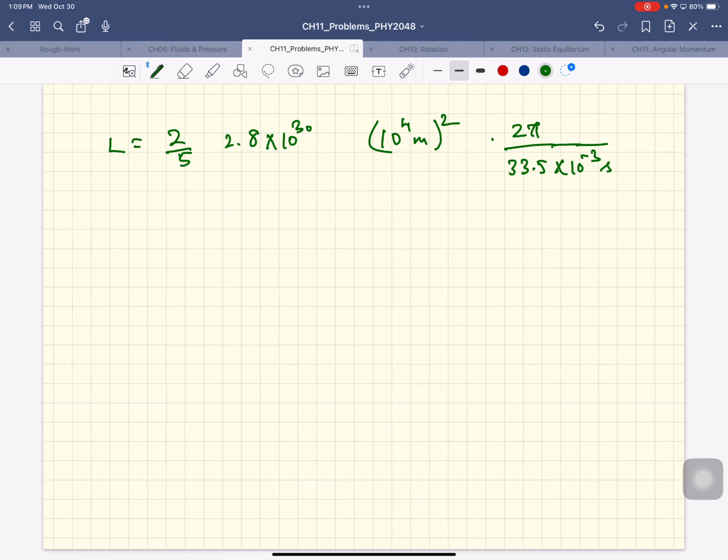Now the reason I'm calculating this is because I want you to see, take care of the powers of 10. So this is 10 to the 30, that's 10 to the 8, 10 to the 38, plus 3, 10 to the 41. Then 2/5 times 2.8 times 2 pi divided by 33.5. And what are the units? kg, meter square per second.